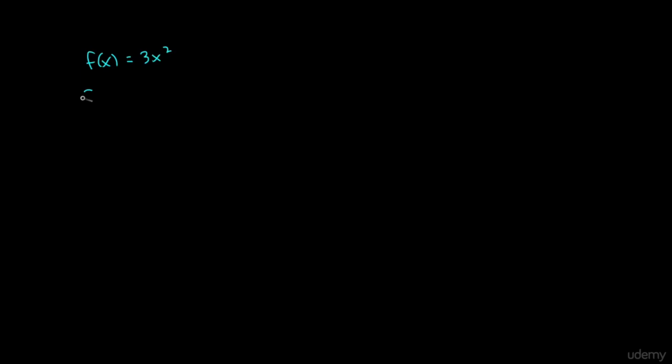And we want to evaluate f prime of x at a point x equals 2. So we want to calculate the first derivative at x equals 2. We do know analytically that the first derivative of the function is 6x. So the value of the derivative at x equals 2 is actually 12.